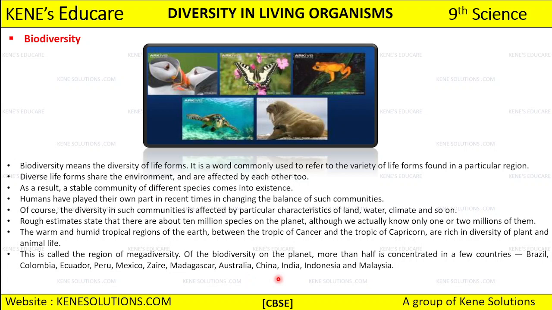So whatever biodiversity exists on our whole planet, half of it is concentrated in these few countries which I just stated. Okay, so you can at least try to remember 4 to 5 of them.